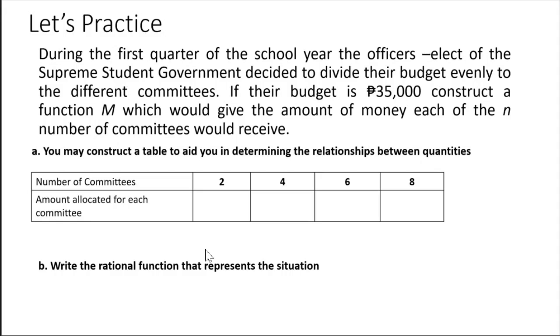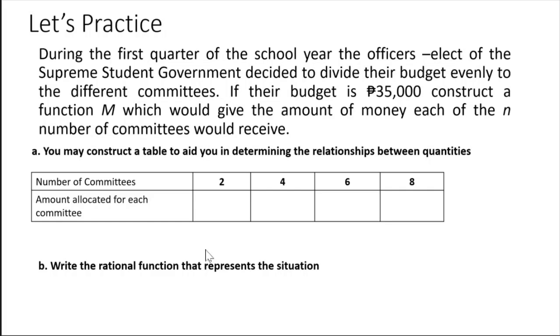So let's practice. During the first quarter of the school year, the officers elect of the Supreme Student Government decided to divide their budget evenly to the different committees. So evenly divided or equally divided.